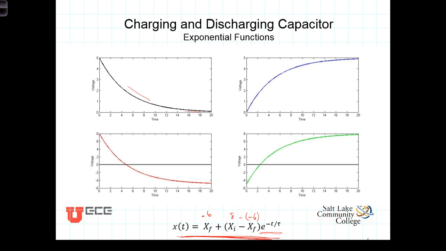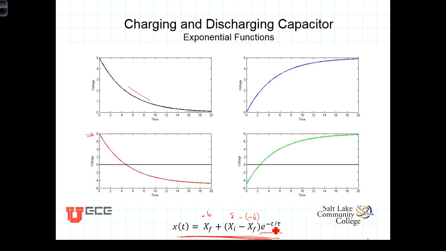Now, as you know, when t equals 0, and we're going to just take a look at this exponential function for just a second, when t equals 0, e to the 0 is 1. So this term is just plain old 1, and we have -6 plus 14. That equals our initial voltage of 8 volts. This exponential term then dies out, making the amount that's being added to the final value less and less until this term goes to 0 as t approaches infinity.